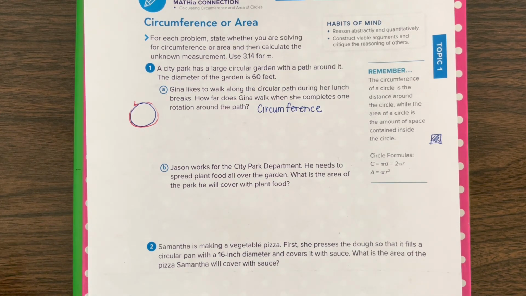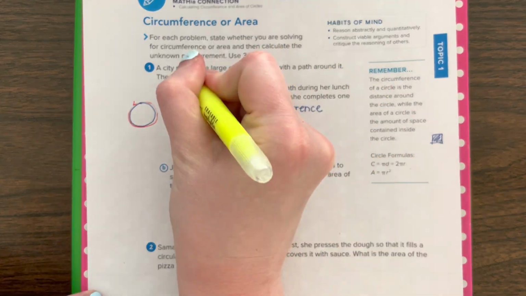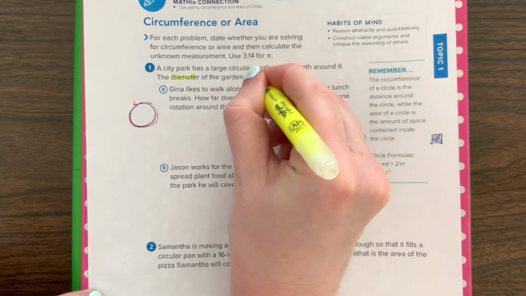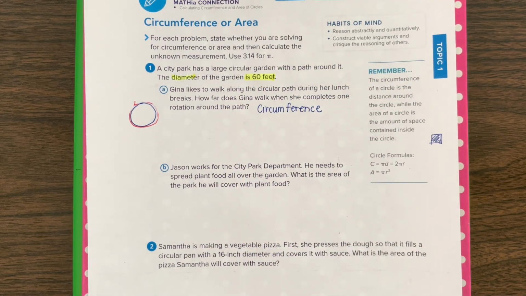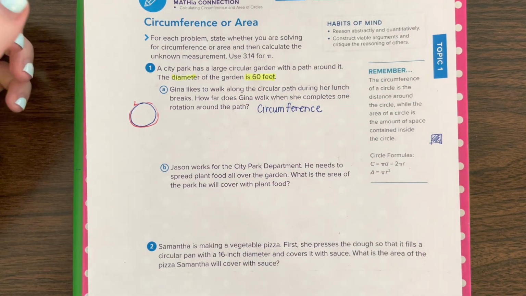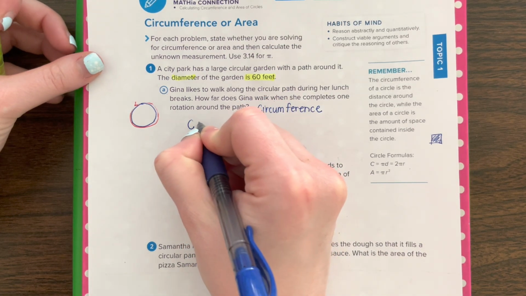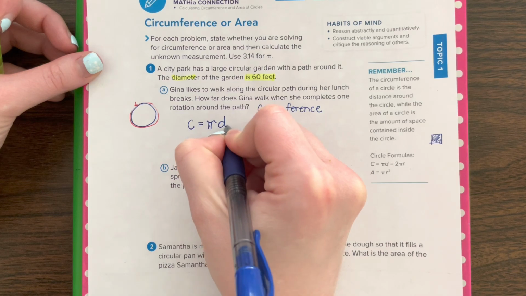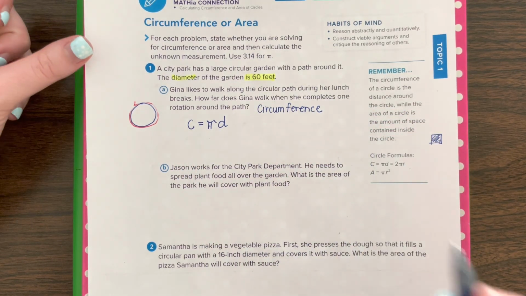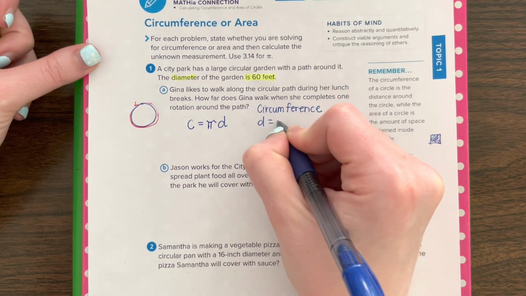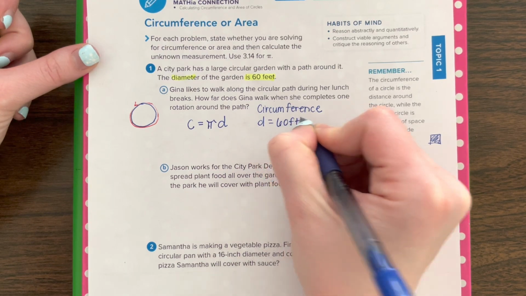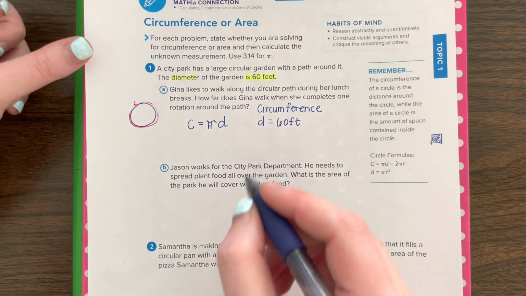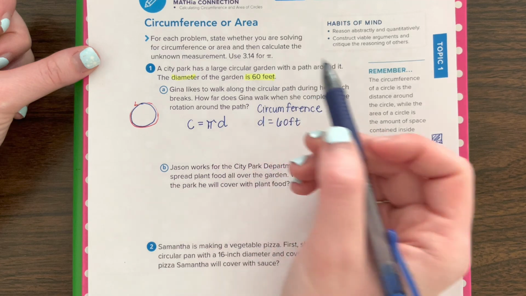It gave us some key information. It said that the diameter of the garden is 60 feet. So now we're going to plug it into our formula. So we have C equals pi d, pi times the diameter. We know that d equals 60 feet. So let's plug it in. And remember, it said to use 3.14 for pi.